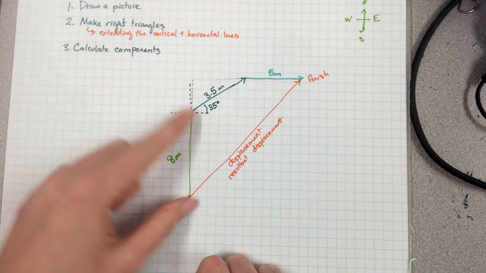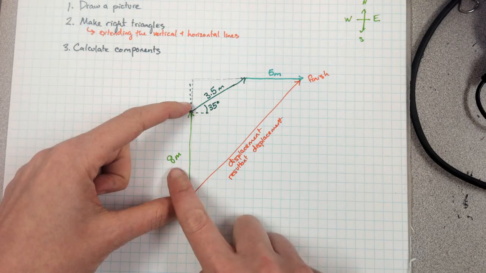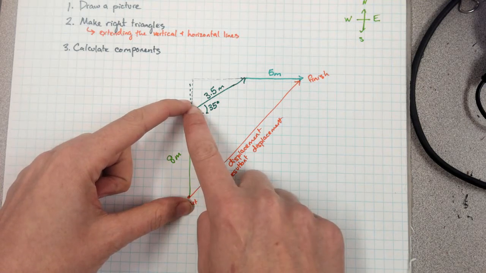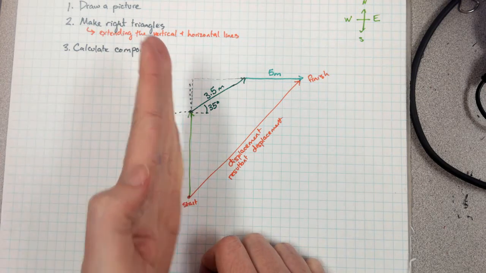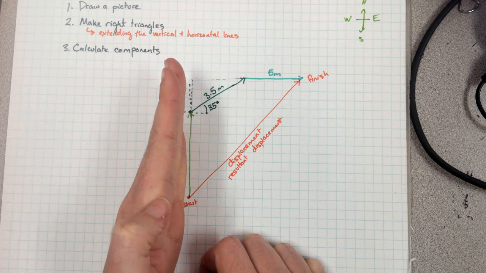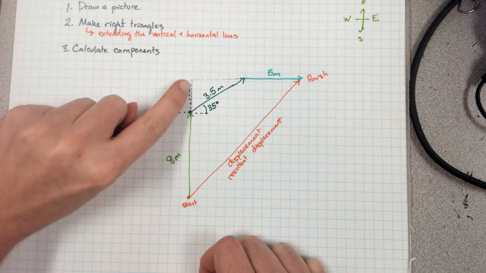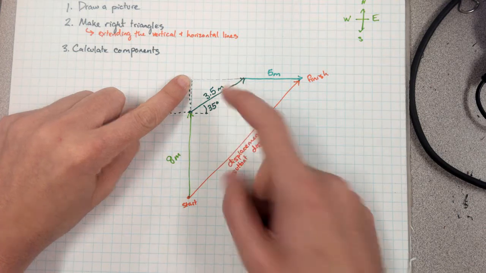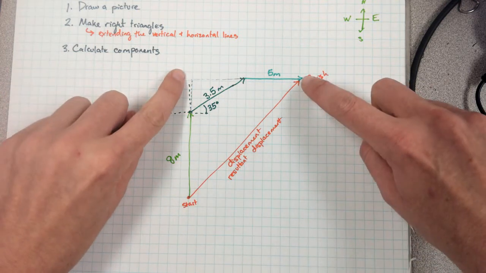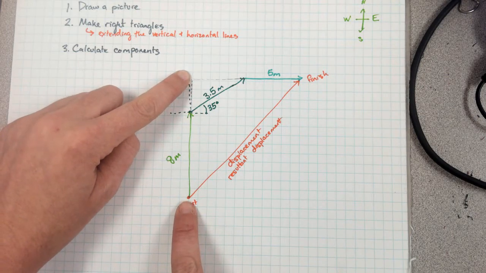So our first vector in bright green is 8 meters north, so we don't need to calculate the components of that because all of it is north. This one, we need to know how much it went north and how much it went east so that we can fill out the sides of our big right triangle.